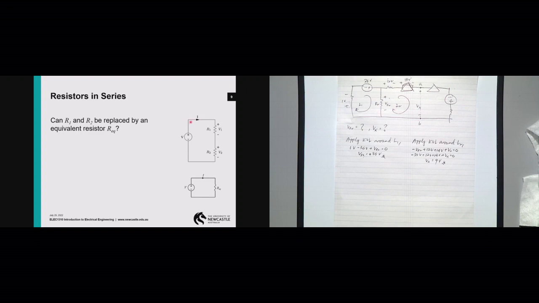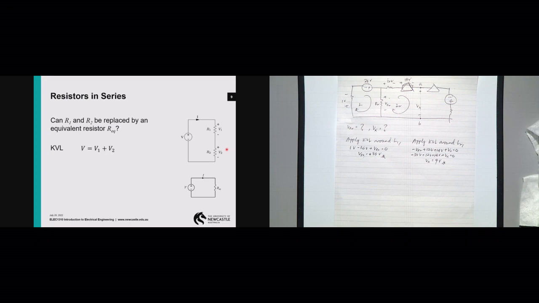So look at this figure here. We have 2 resistors and 1 voltage source. You can apply KVL, right? You have V labeled here, V1 for the resistor 1's voltage, and the voltage for resistor 2 is labeled as V2.